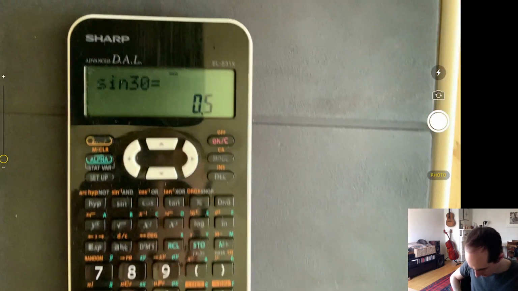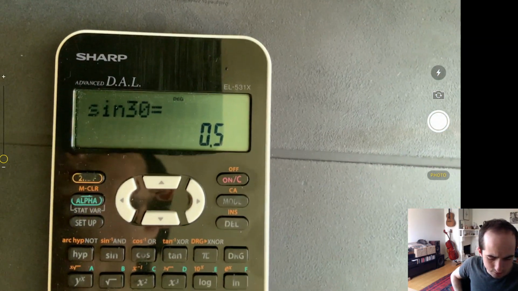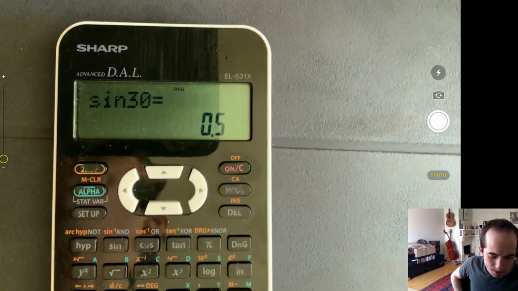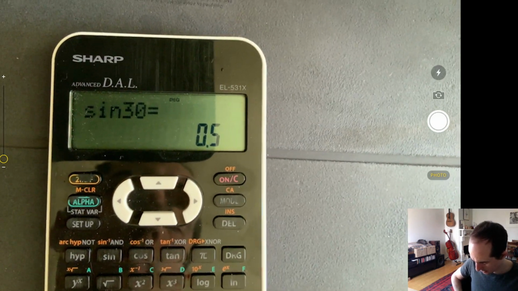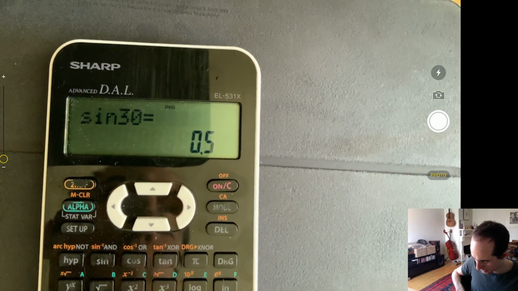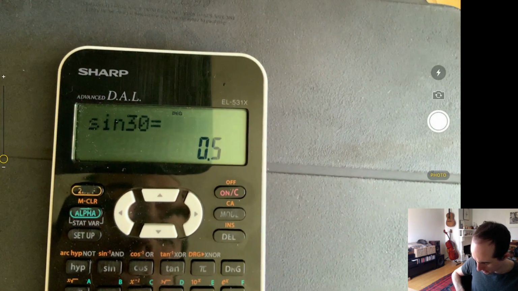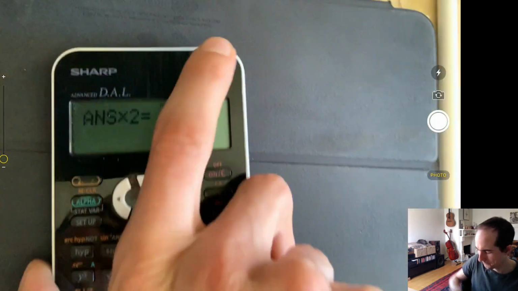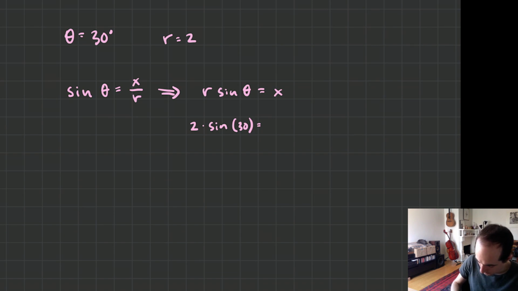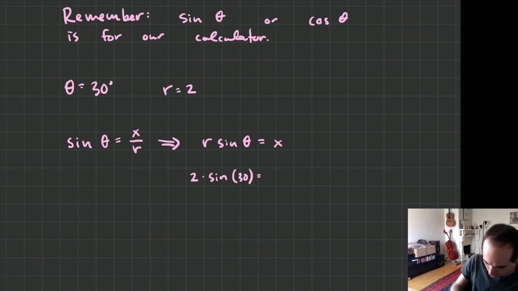The light is just picking up all that dust. Anyway, sine of 30 is equal to 0.5, so we can use that right in our equation. But remember, we had to multiply sine of 30 by 2, so I'll write answer times 2 equals 1. We probably could have done that in our head. So x, in this case, is equal to 1.